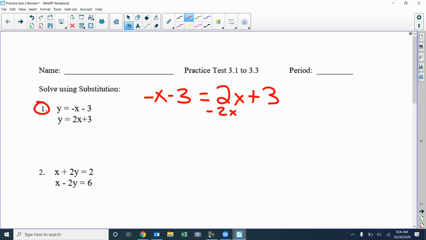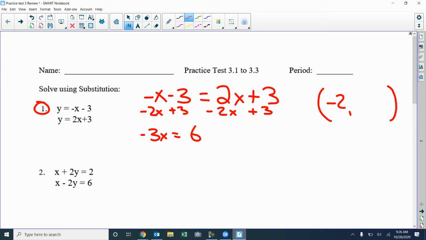I'll subtract 2X and I will plus 3. So I'm going to get negative 3X is equal to 3 plus 3 was 6. Divide by negative 3, and your X is going to be negative 2, isn't it? Okay. So your X is negative 2.